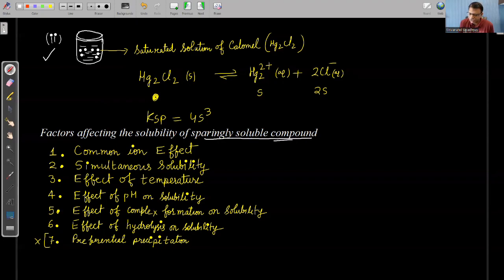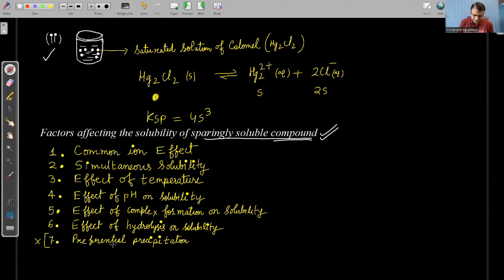I have used the word compound because there are certain acids and certain bases which are sparingly soluble. Most of the time, when we discuss sparingly soluble compounds, they are salts, but apart from salts, there can be acids and bases, and other compounds which are sparingly soluble. So in place of salt, we have used sparingly soluble compound.